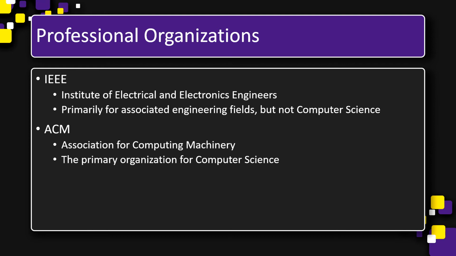ACM is the Association of Computing Machinery and is the primary organization for computer scientists and software engineers. ACM is also a proponent of computer science research, so you'll see a lot of research posted to that group as well. IEEE and ACM also do work together in some cases to provide joint research efforts and joint events for their members.